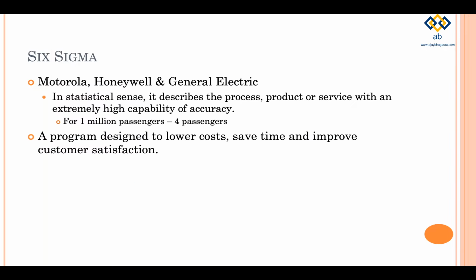These were the companies who first started implementing Six Sigma into their production cycles, production procedures. We were talking of Six Sigma as a mechanism, a process where we say that 4 in 1 million would be defective products, right? This is how we are looking at it.